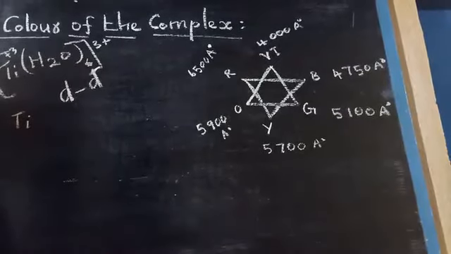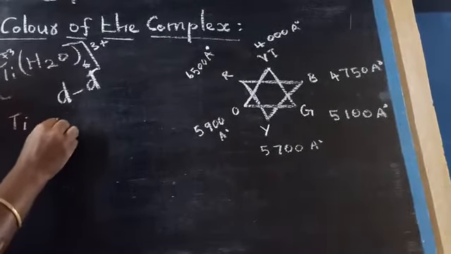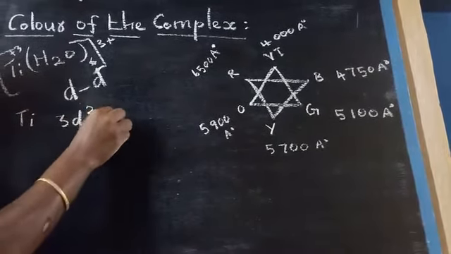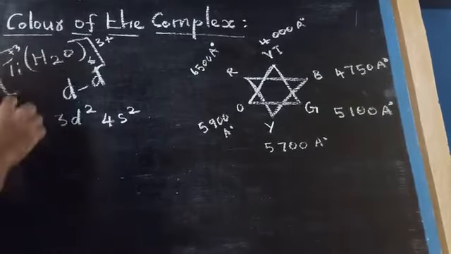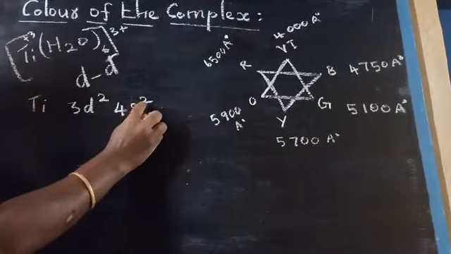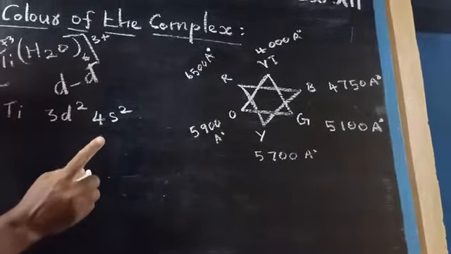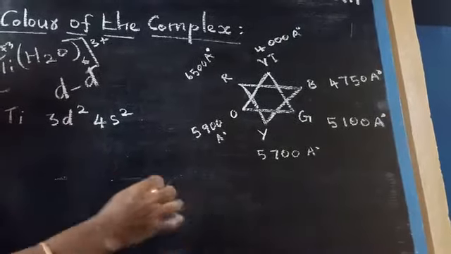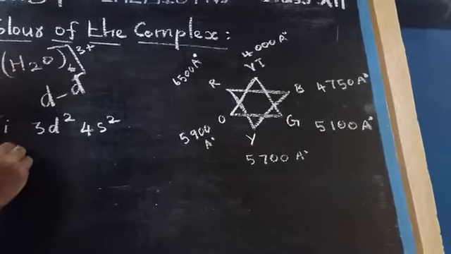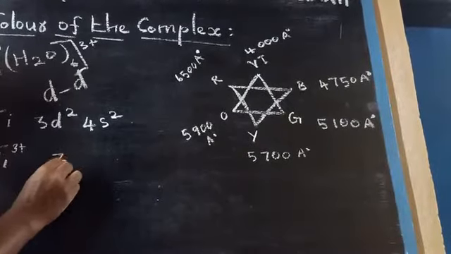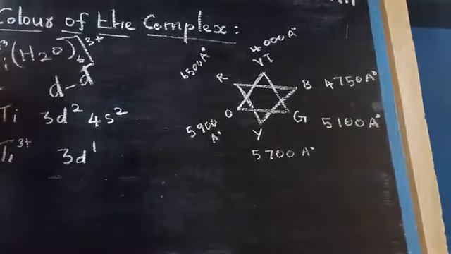The second element after scandium is titanium: 3d2 4s2. Here titanium is plus 3, so 2 electrons from 4s and 1 electron from the 3d orbital are lost. The remaining Ti3+ has a 3d1 configuration.